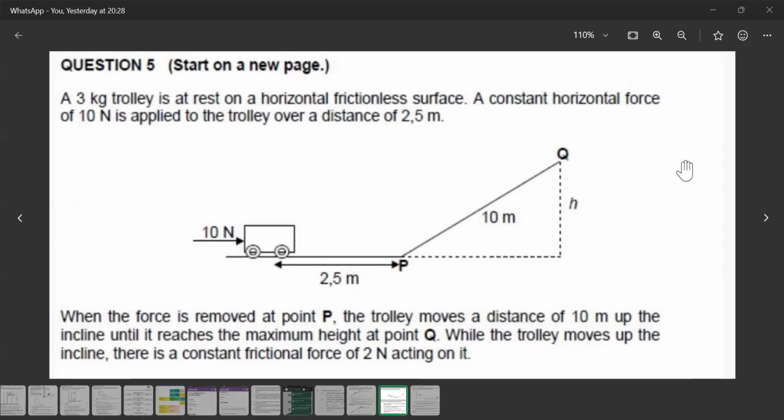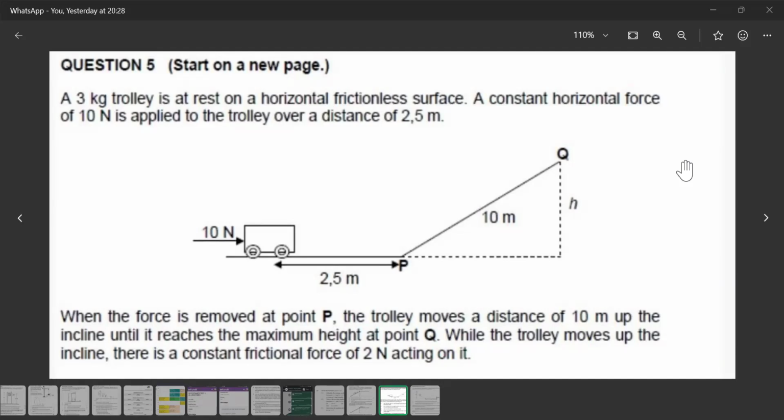They also told us the magnitude of the frictional force. They said to us the frictional force here is 2 newtons. And what is a frictional force? Well, frictional force is a non-conservative force. And we also know the displacement.